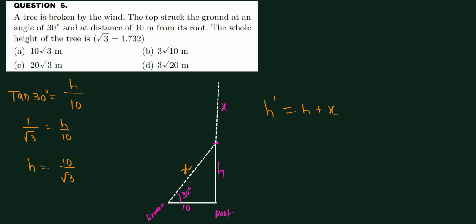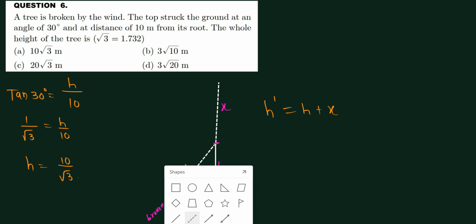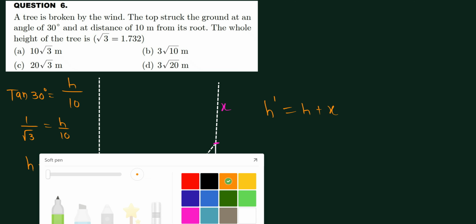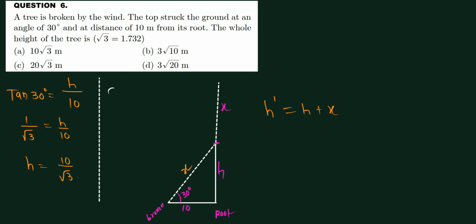Just apply the ratio that gives the relationship between the adjacent and the hypotenuse. Which ratio gives the relationship between the adjacent and hypotenuse? Cos theta. So you apply cos 30. Cos 30 equals adjacent, which is 10, over the broken part length, which is x.